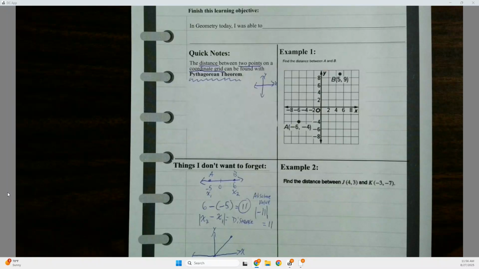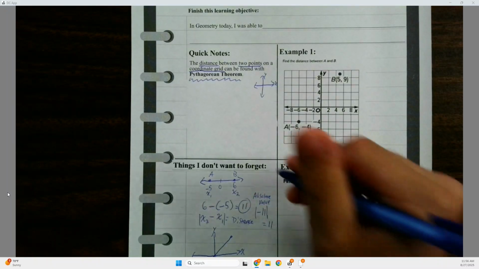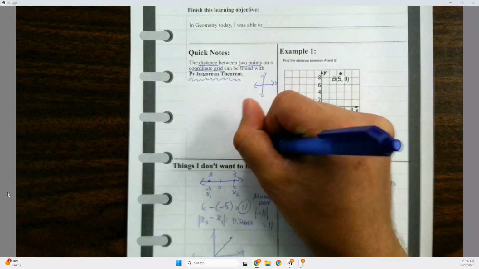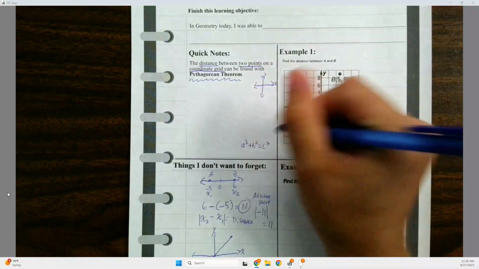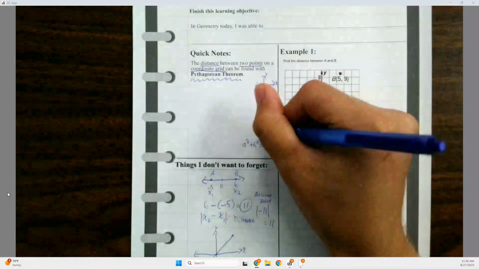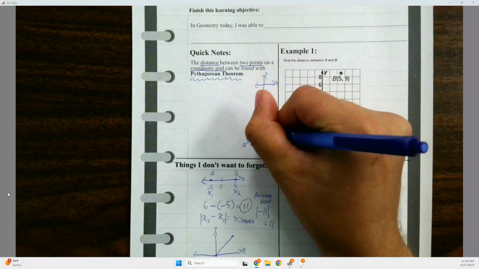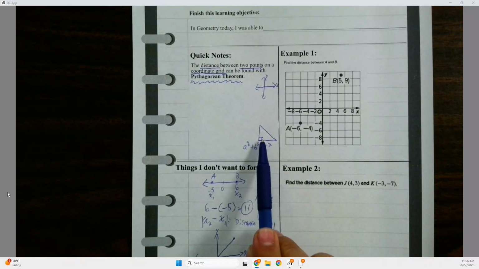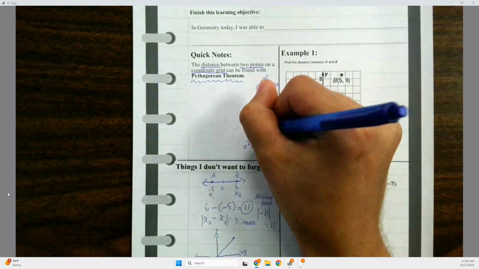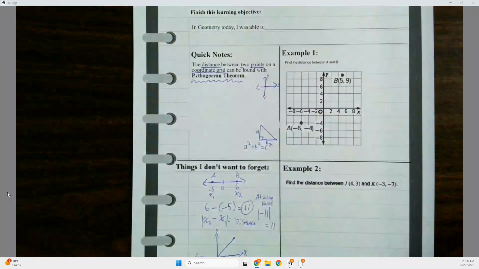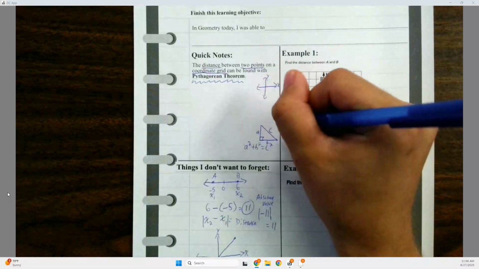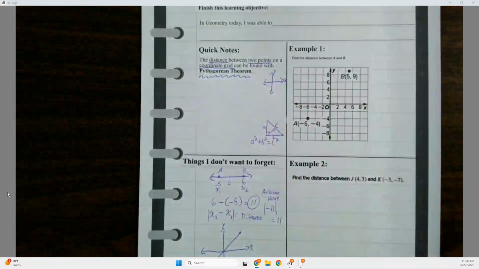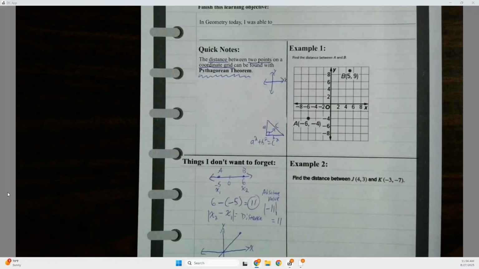This might be something we've heard before, but we're bringing it back. The Pythagorean theorem is a squared plus b squared equals c squared. Specifically, when I have a right triangle, like this, notice it's a right triangle because it has the square right here, it's 90 degrees, with A and B forming the legs, and C being my hypotenuse, or just that other side that's farthest from my 90-degree angle.